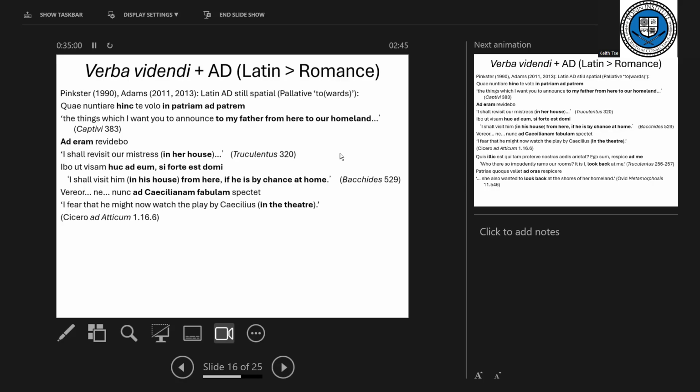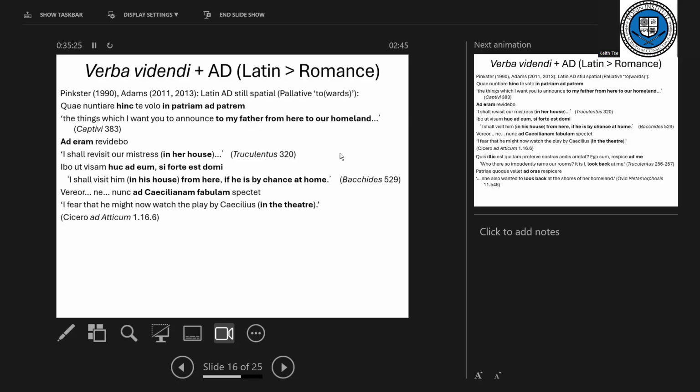So it's not just announcement, but news being delivered to someone somewhere else. So here, hinc in patriam ad patrem shows that ad still retains spatial force. And the same can be said about the Truculentus example, because in ad eram revidebo, context makes clear that I shall revisit our mistress in her house.